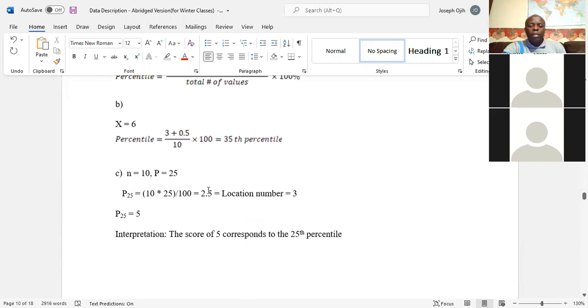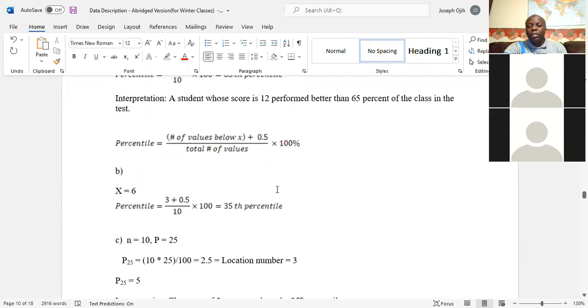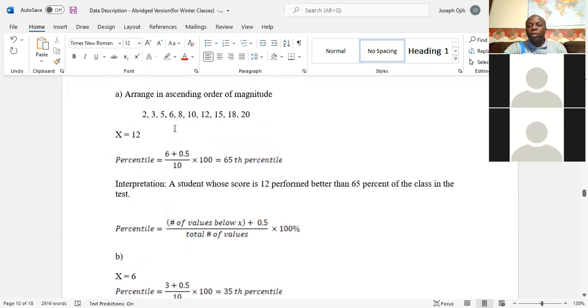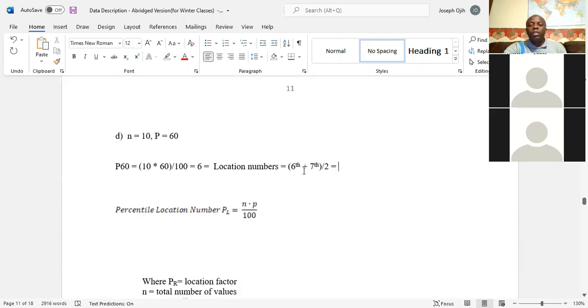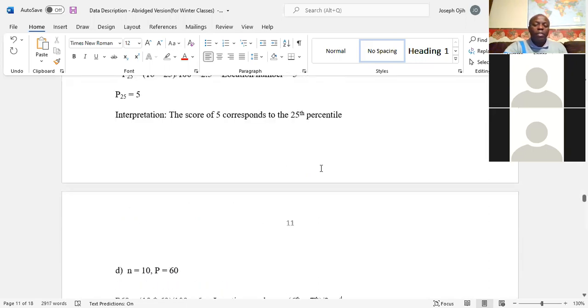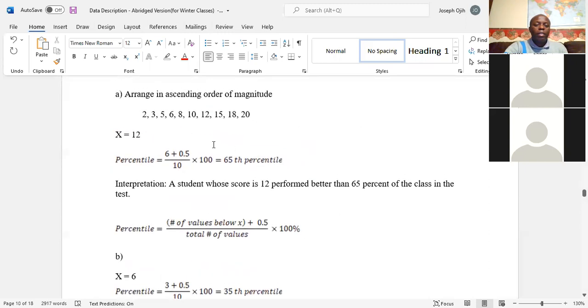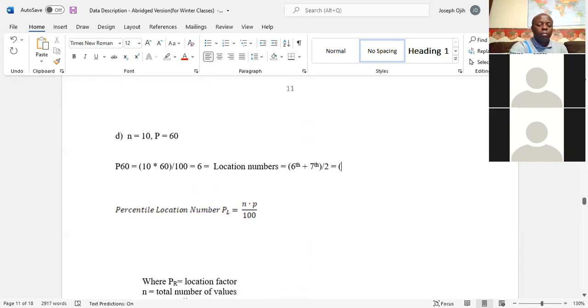Here we have a decimal part; in that case, just go to the next number, which is 3, then count them out. But if there is no decimal, like here, you do the 6th number plus the 7th number divided by 2. So in this case, counting 1, 2, 3, 4, 5, the 6th number is here and the 7th number is here. So 10 plus 12 divided by 2.